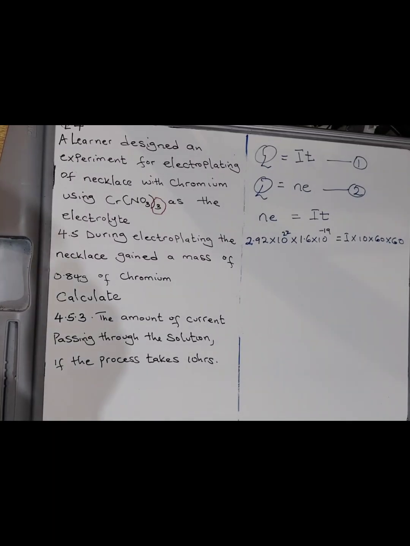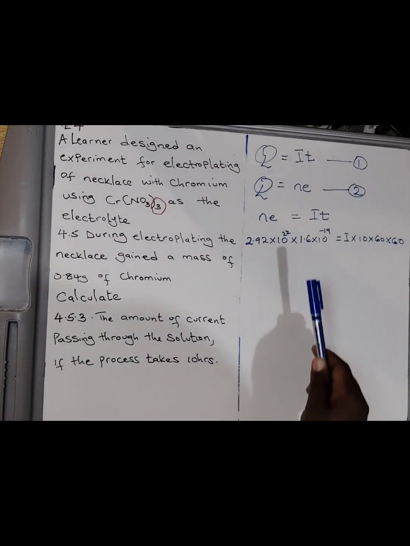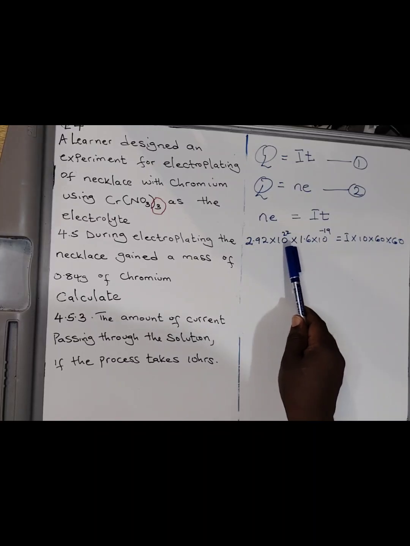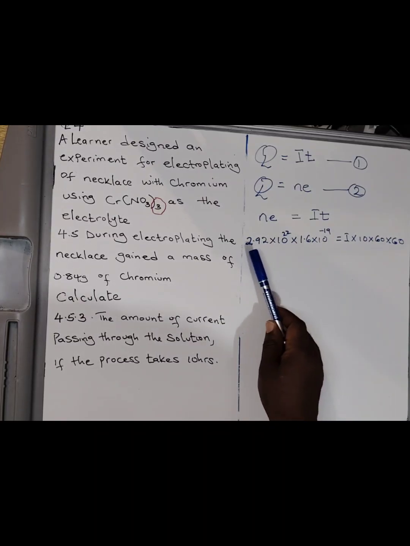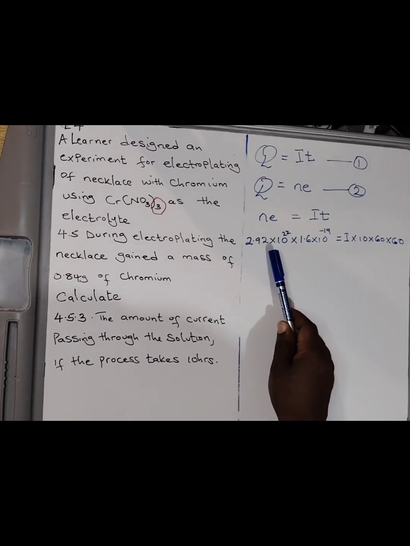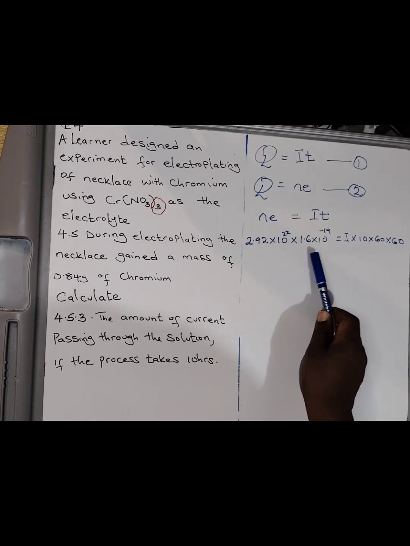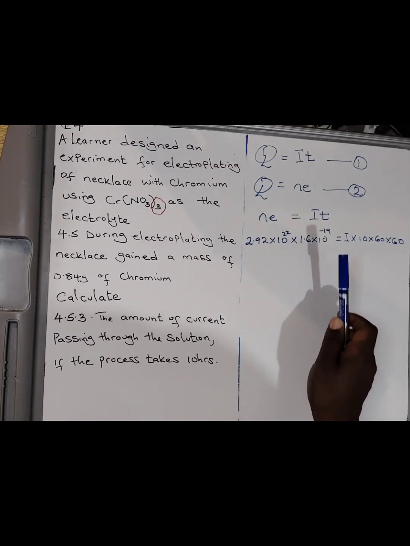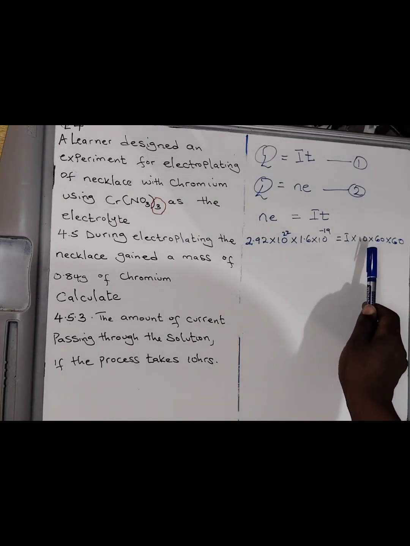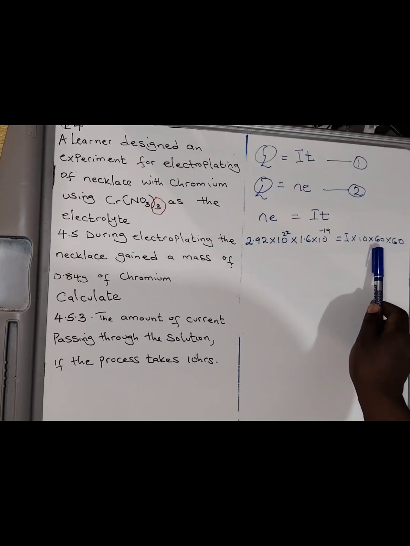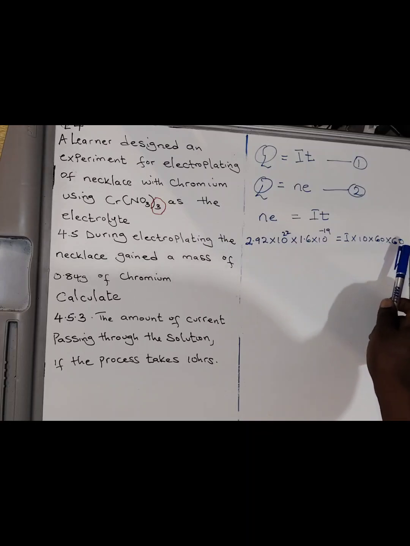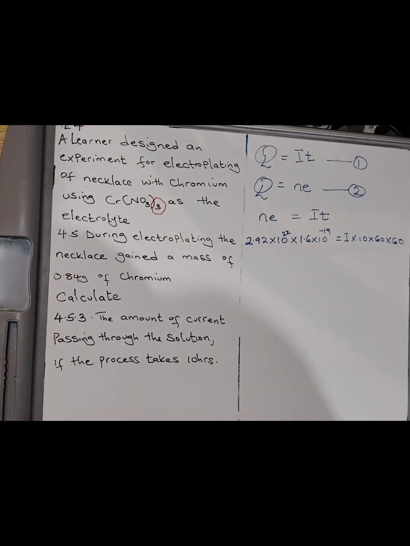So this is what we get after substitution. This is what we calculated, the number of electrons transferred through the solution. This happens to be the electronic charge, and time was given in hours and we need it in seconds, so we multiplied it by 60 to convert it to minutes, and by 60 to convert it to seconds.